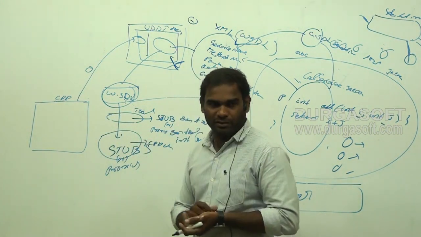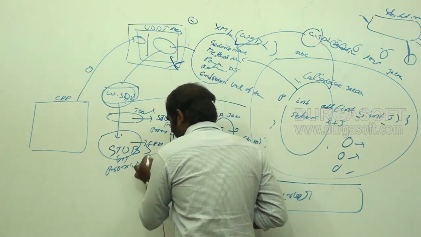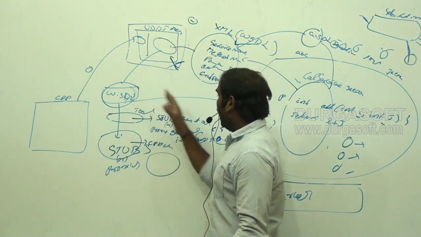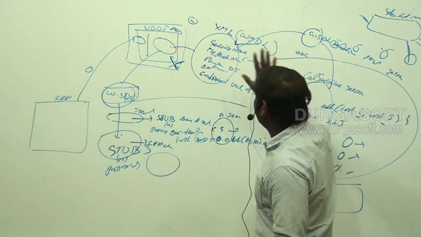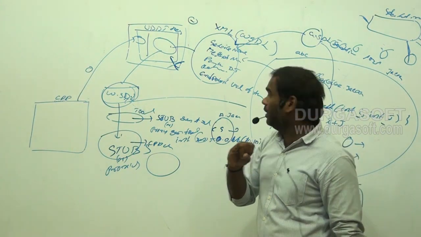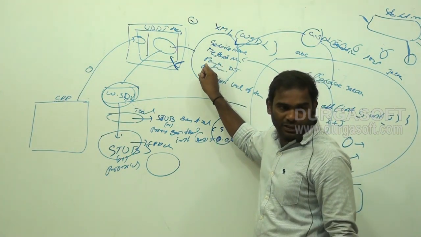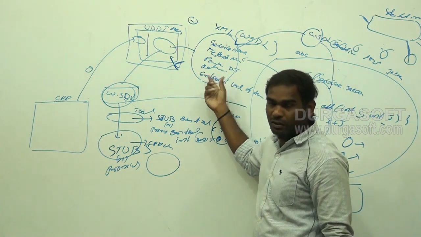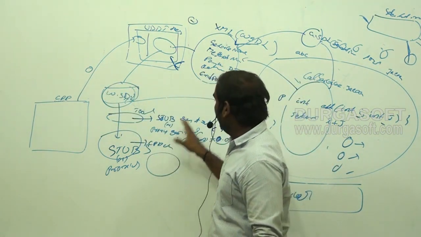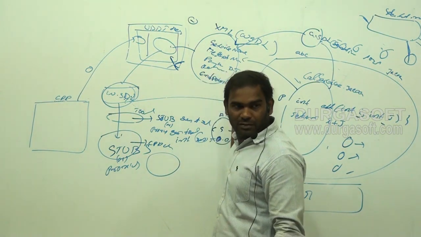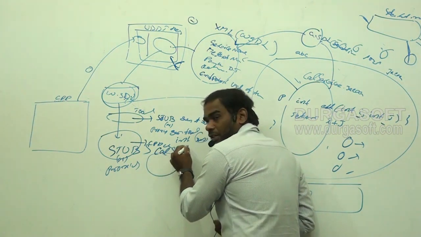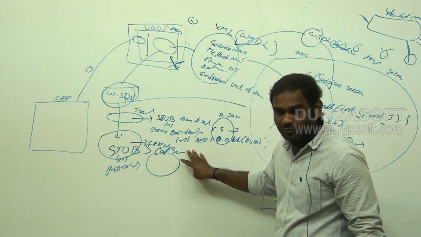So what is a stub? I told you, it's a predefined class. Can I say that all your service class details are available in this WSDL file, like the service class name, the method names, parameters and everything, even the endpoint URL? Based on this information it will generate this class. Whatever service class name we have, with that name it will generate the stub class name, which is also the same, like CalService.